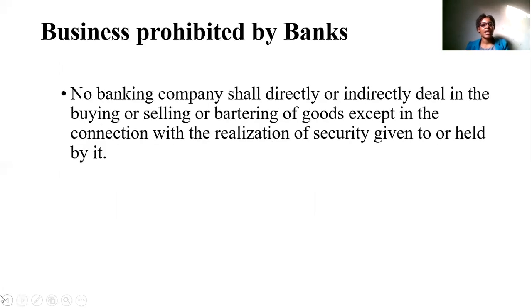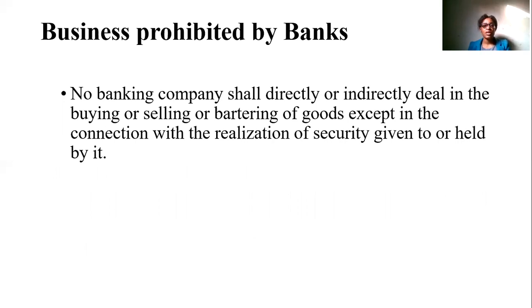So now let us look at what business the banks are prohibited, the business prohibited by banks. Okay, so no banking company shall directly or indirectly deal in buying or selling or bartering of goods except in connection with the realization of security given to or held by it.